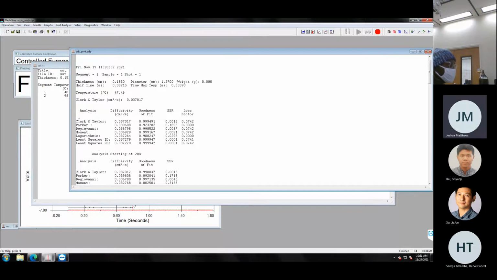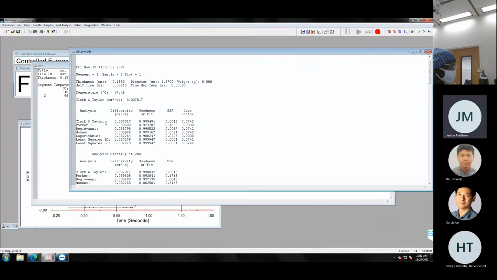There are a few different types of analysis that you can do. When our software runs a diffusivity measurement, it will always display the Clark and Taylor diffusivity number. There's a specific formula for that, and it shows you the goodness of fit for that formula based on the diffusivity numbers.